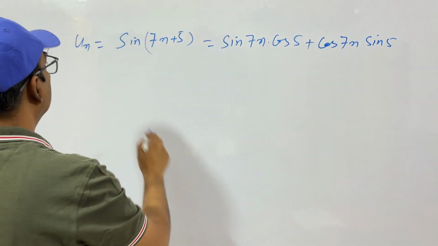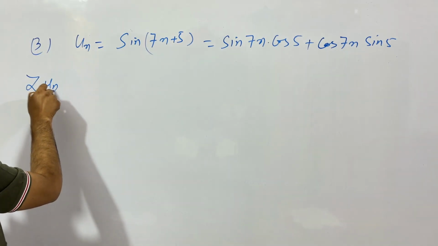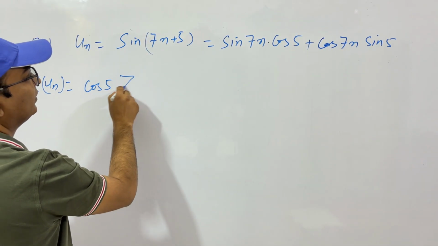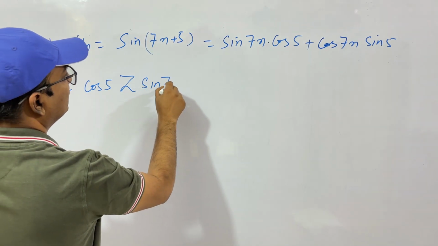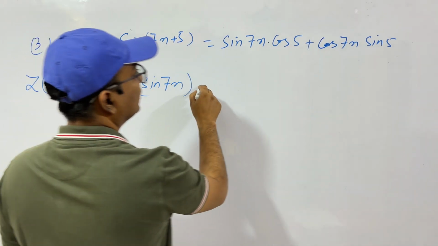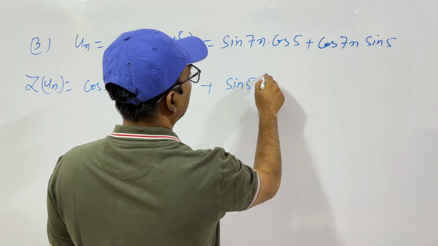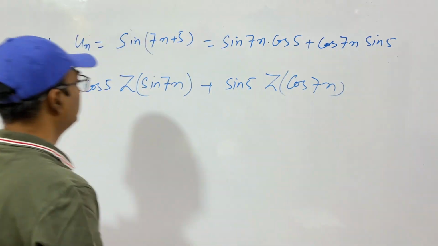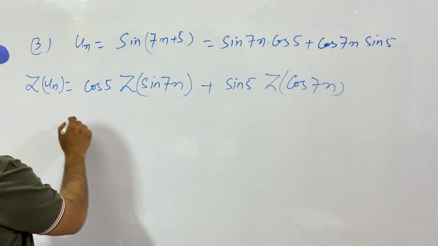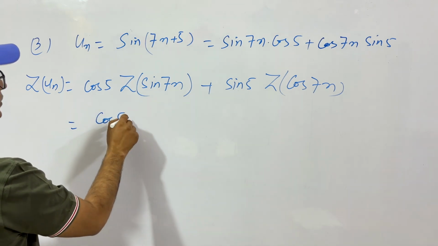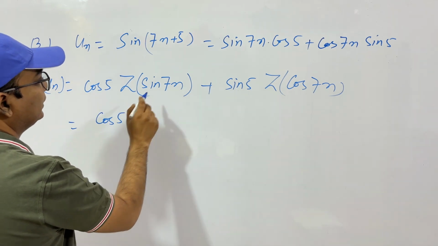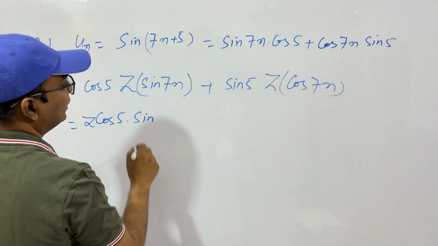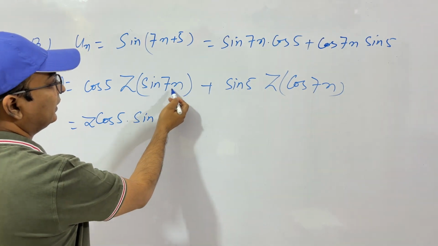Okay, so now we'll take the z transform of u n. The constant is cos 5, so cos 5 times z transform of sin 7n, and then we have sin 5 times z transform of cos 7n. This you know, z sin θ, so this is cos 5 times z sin θ, where θ is 7, see, nθ.